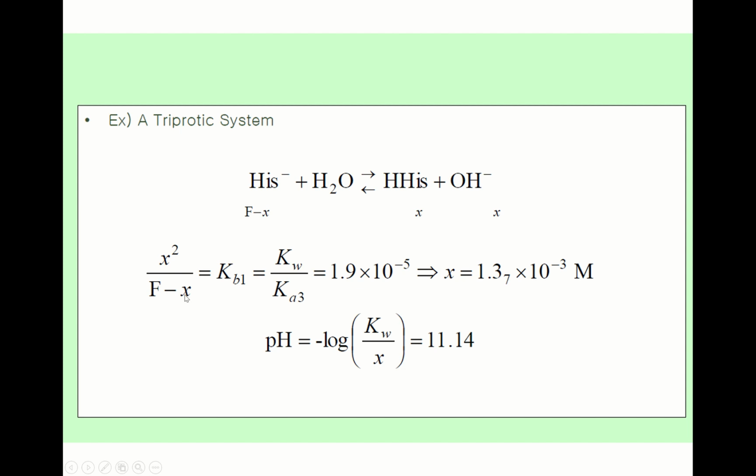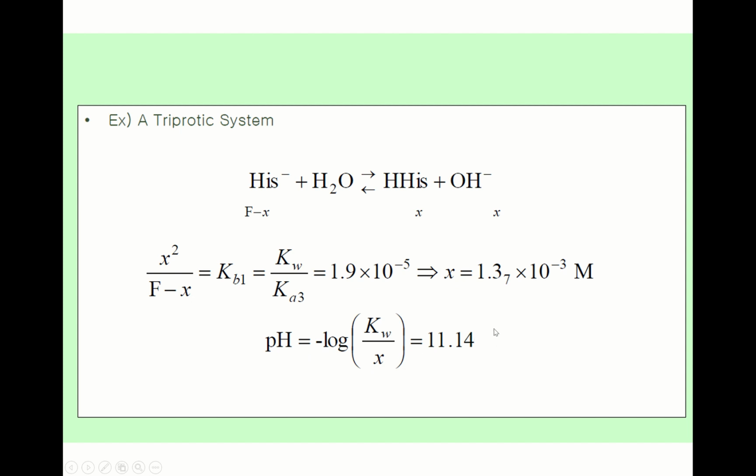In this case, X is the concentration of hydroxide, not proton. We solve this one, and X equals 1.37 times 10 to minus 3 molar. And then pH is given by the proton concentration, which is 11.14.